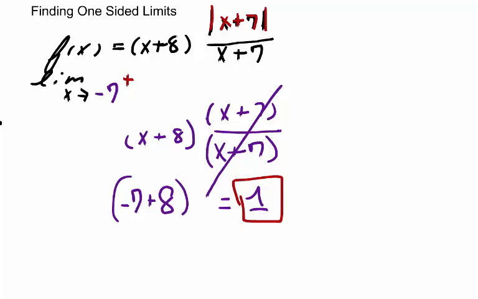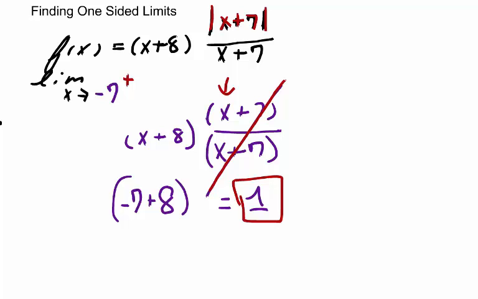I want to back up for just a second and note one very important step. Notice that I canceled out our x plus 7 terms before I entered -7 for x. If I had not done this, then I would have had -7 plus 7 over -7 plus 7.